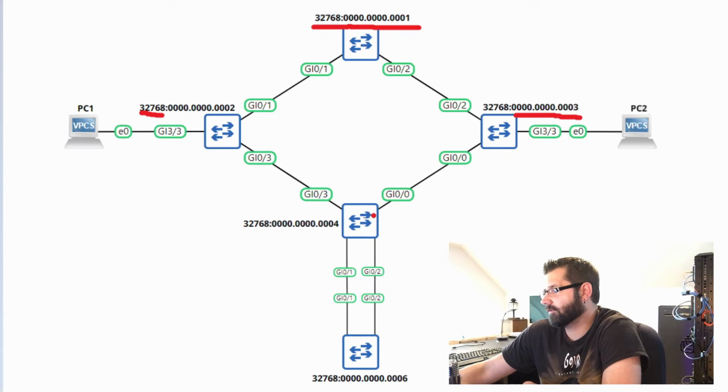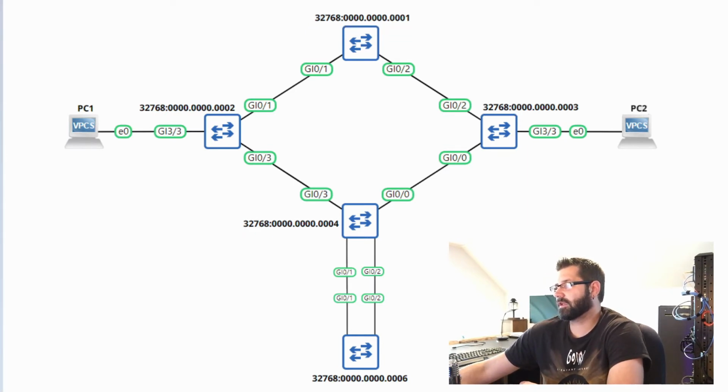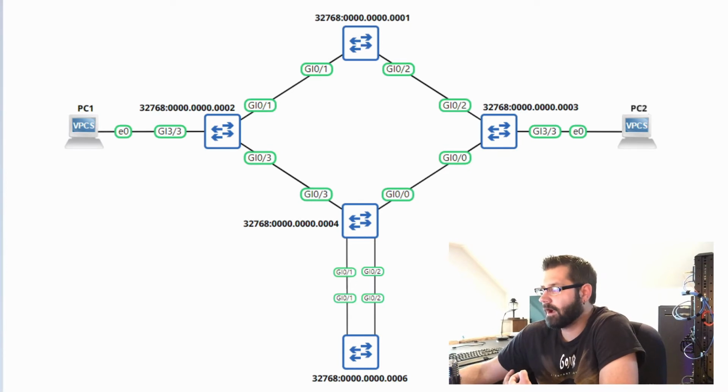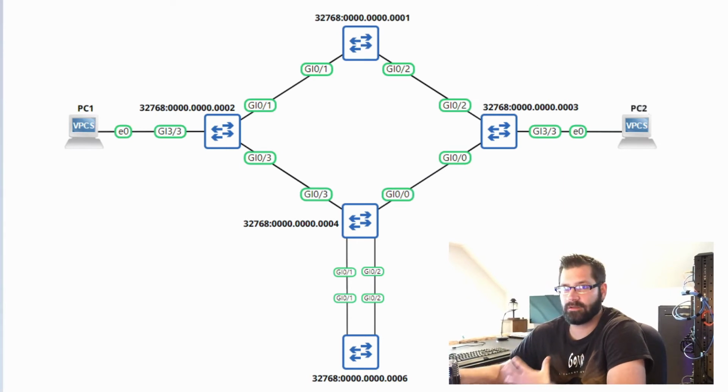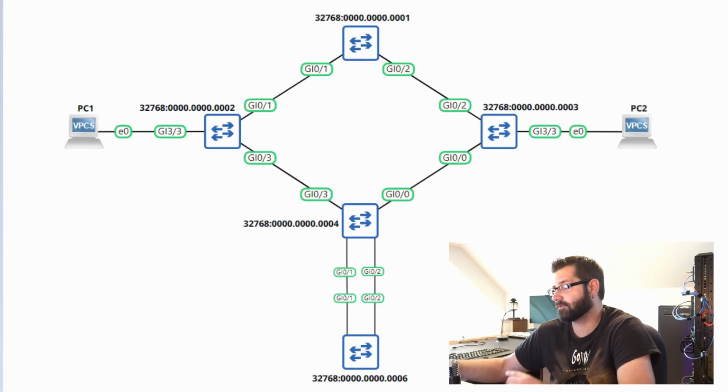They're all the default of 32768. So it should be pretty simple looking at this topology, figuring out which one has the lowest bridge ID. So I'll actually just pause here for a moment and let you look at this, or if you want to pause the video and see if you can figure it out on your own before I proceed.